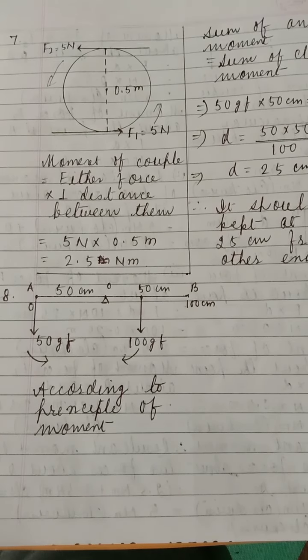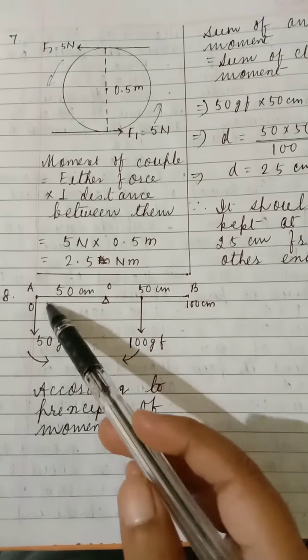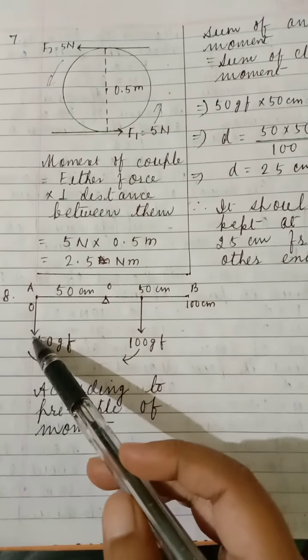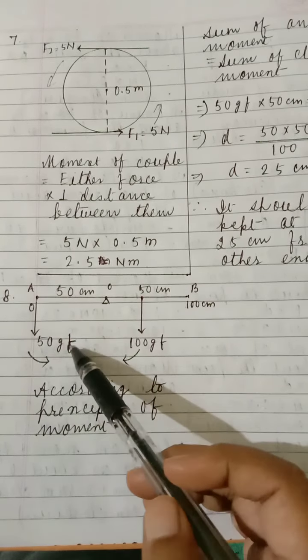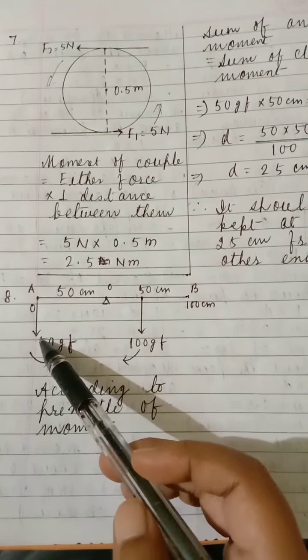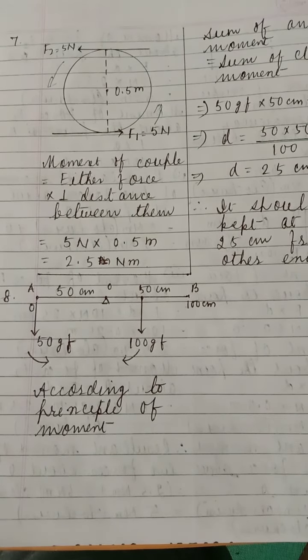A weight of 50 GF is suspended at one end of it. So we have to suspend 50 GF. This is the weight which is acting downwards; the arrow must be there. So the 50 GF weight is suspended from one end. Where should a weight of 100 GF be suspended to keep the rule horizontal?